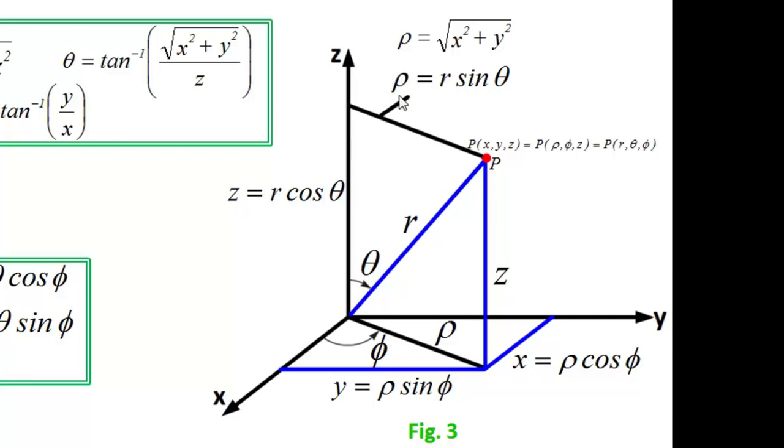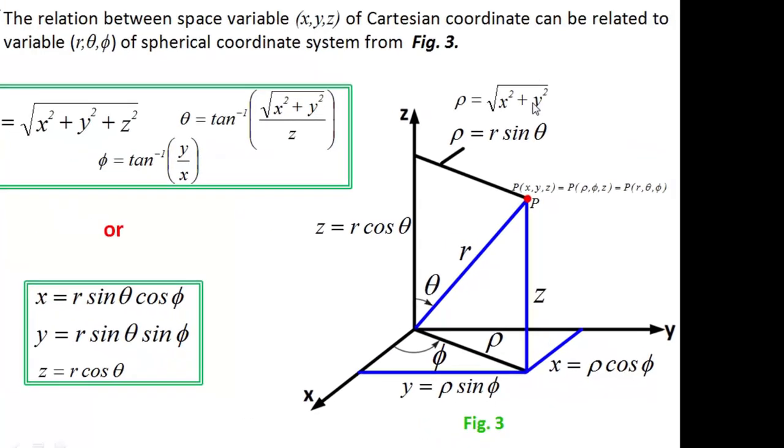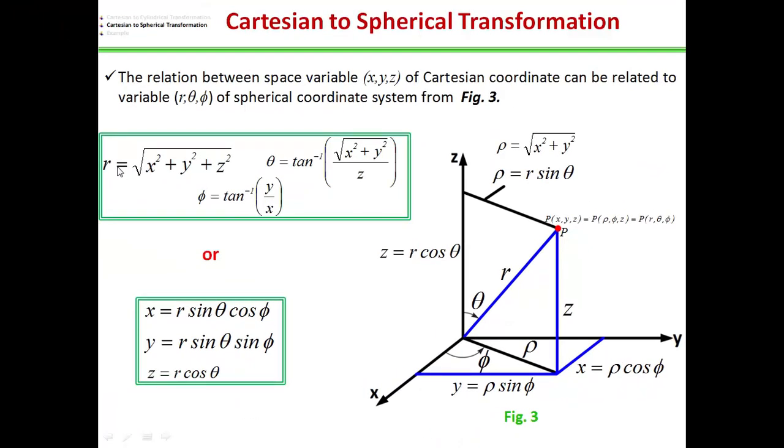Earlier we calculated rho is equal to square root of x square plus y square. So r is equal to square root of rho square plus z square, whereas rho is equal to square root of x square plus y square. Ultimately we get r is equal to square root of x square plus y square plus z square.